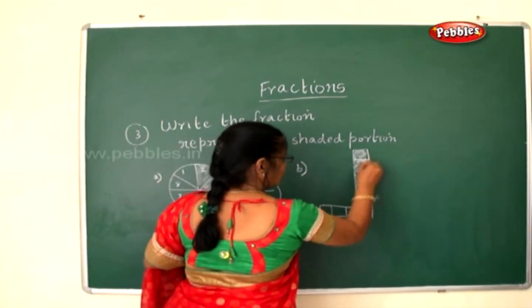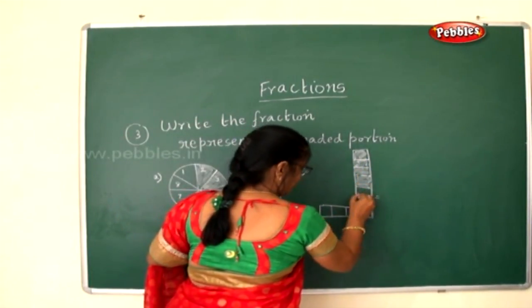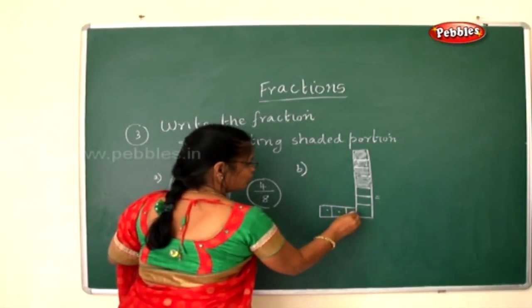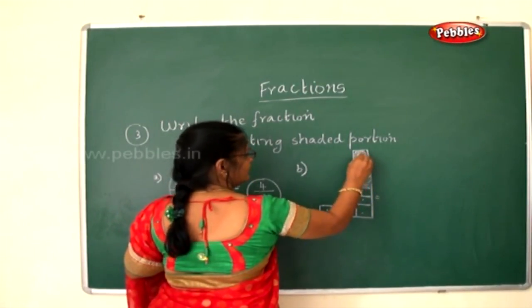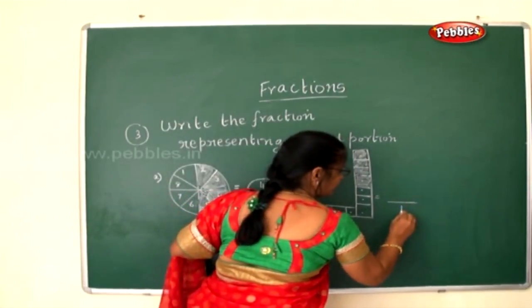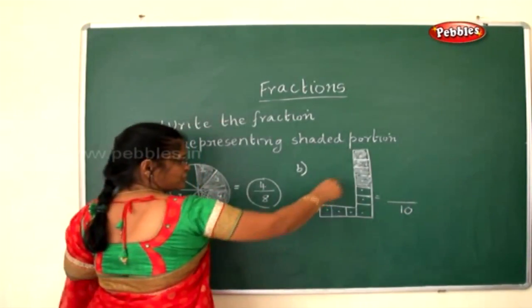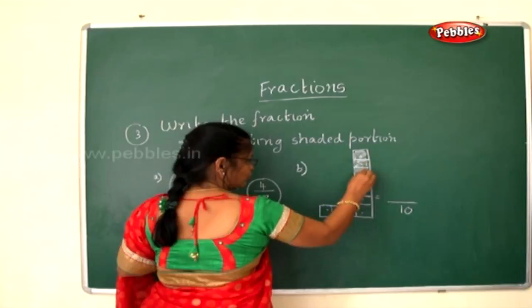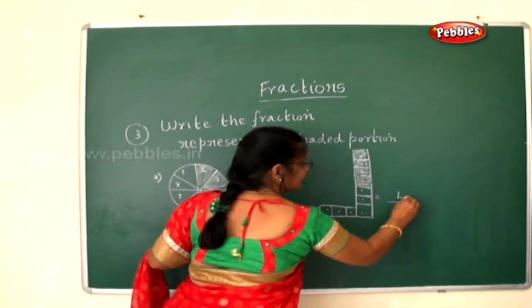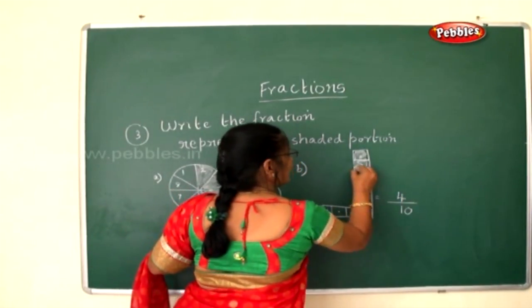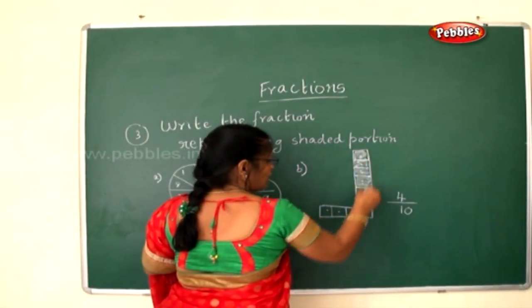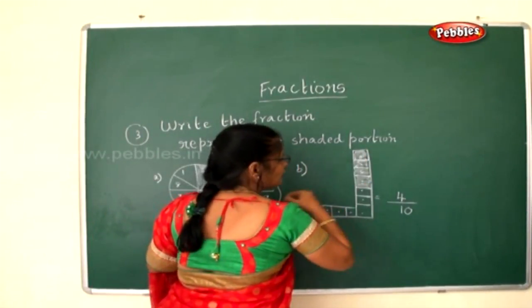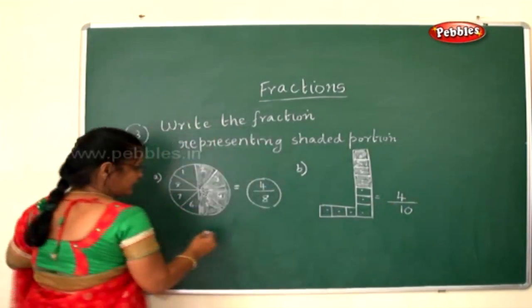See, how many boxes are there? 1, 2, 3, 4, 5, 6, 7, 8, 9, 10. So now what you have to do? The denominator will be 10 here. So how many are shaded here? 1, 2, 3 and 4. So the answer is 4 by 10. You have to write the fraction representing the shaded portion. Out of 10, 4 are shaded. So the answer is 4 by 10.